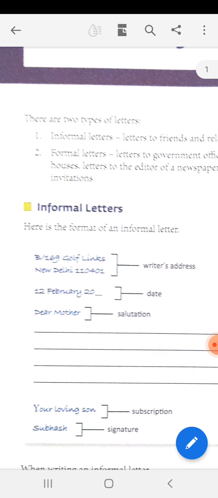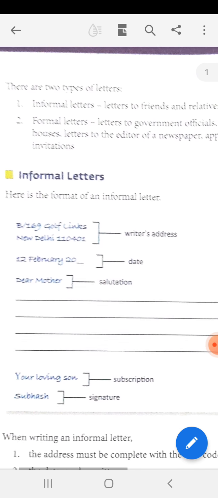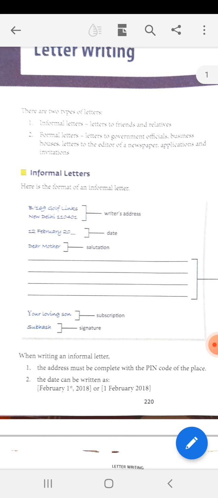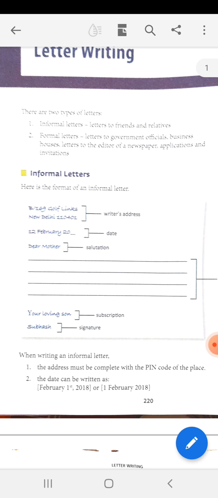So here is an example of an informal letter. Here is the format of an informal letter. The image is not clear, but you can understand what is written. I will show you the entire letter. On the top left side, there is the writer's address.